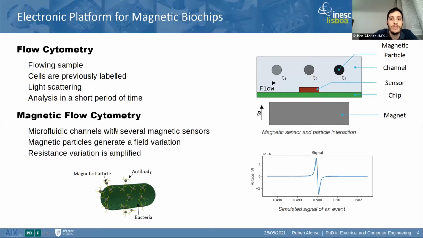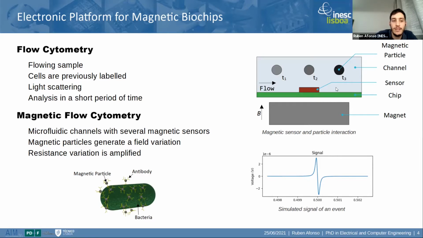In magnetic flow cytometry, the targets to be detected are previously labeled using superparamagnetic beads, and the sample flows through a microfluidic channel with several magnetic sensors.